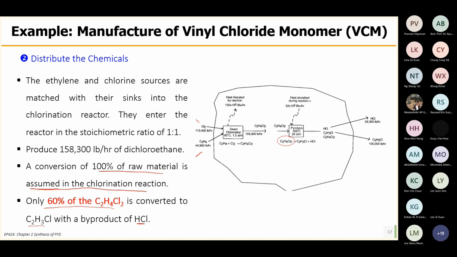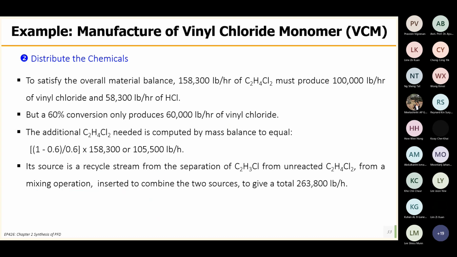Distributing the chemicals here means you need to identify how much is your reactant, how much is your input. Whether you need to mix them before or split the stream depends on how you distribute the reactant into the process and how the product is output. Okay, the amount of the product output.